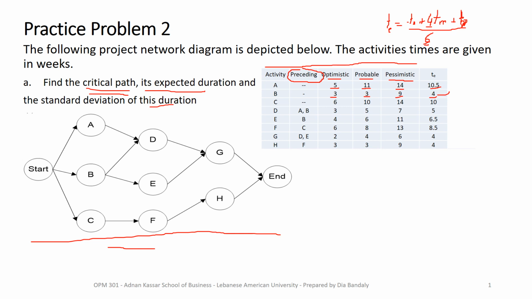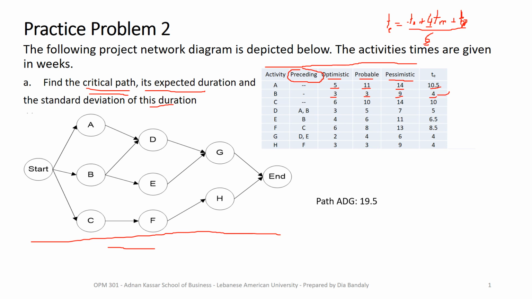Once we did what I just did here, the procedure will be exactly the same as we did before. First I identify the paths, and I always scan my PND from top to bottom. That will give me the first path to be ADG. This is the path that's happening on the top of my PND.